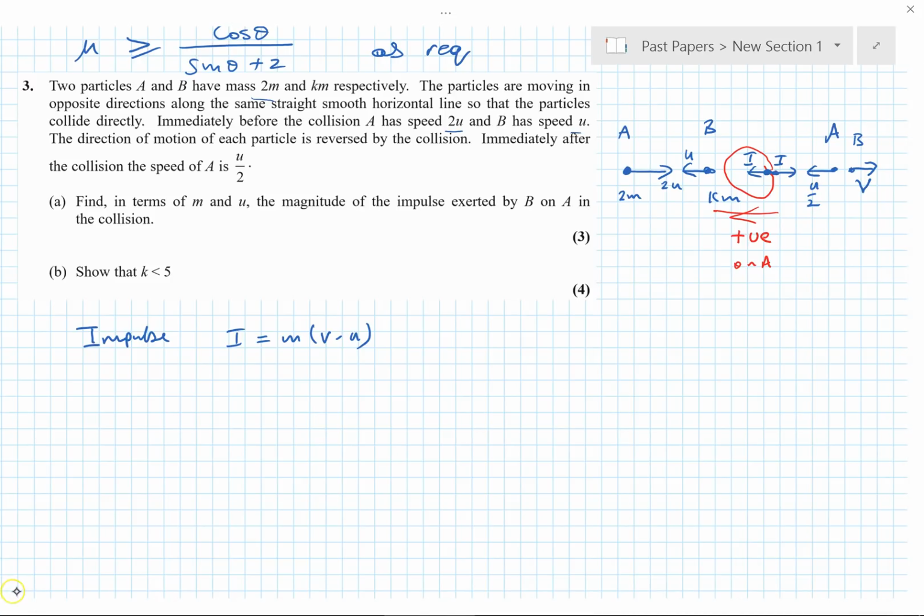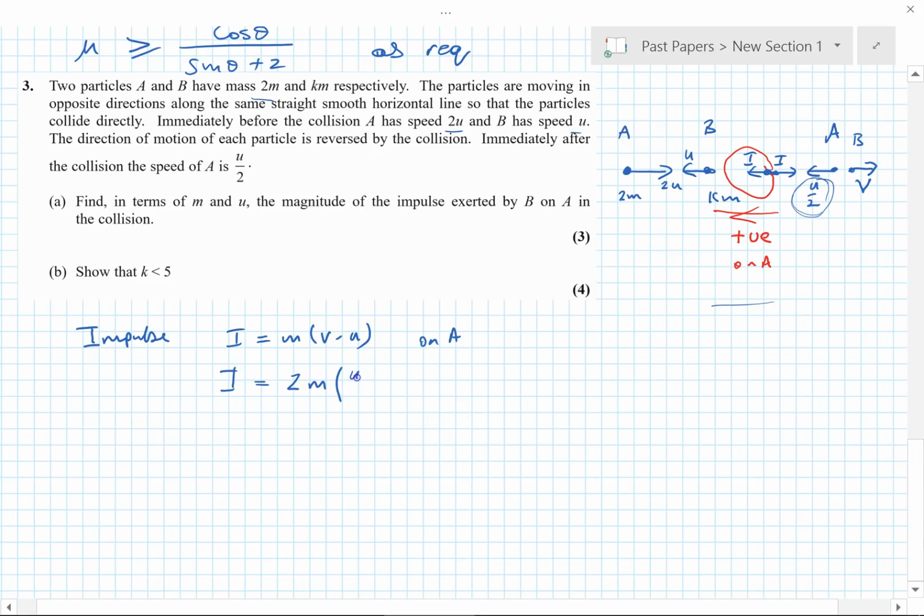So the impulse is equal to m, which in this case, because we're looking at particle A, is 2m, times v. Now v is equal to u over 2, because that's the final velocity of A. And notice it's going in the positive direction, because we're taking this way as positive.